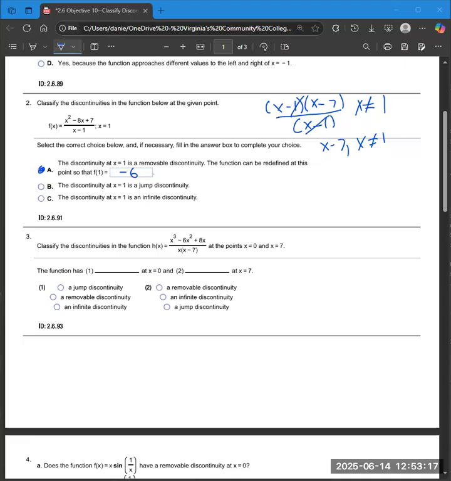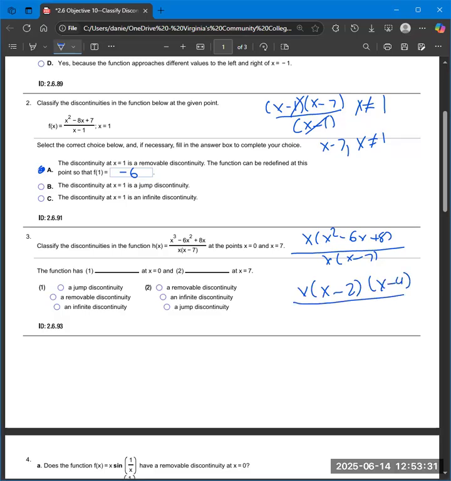Let's look now at the next function. In the numerator we have x times x squared minus 6x plus 8, over x times x minus 7, and that's x times x minus 2 times x minus 4 over x times x minus 7, and the x will cancel, giving me x minus 2 times x minus 4 over x minus 7.